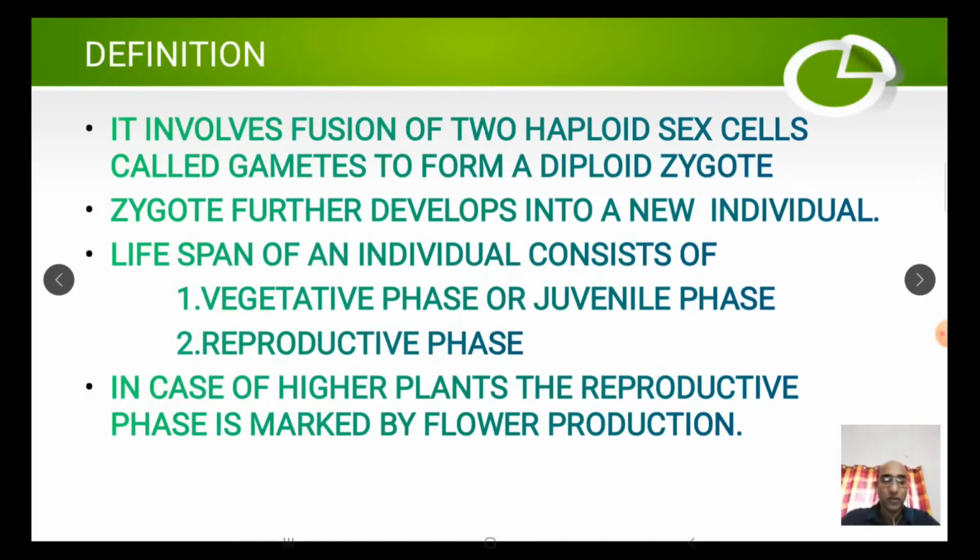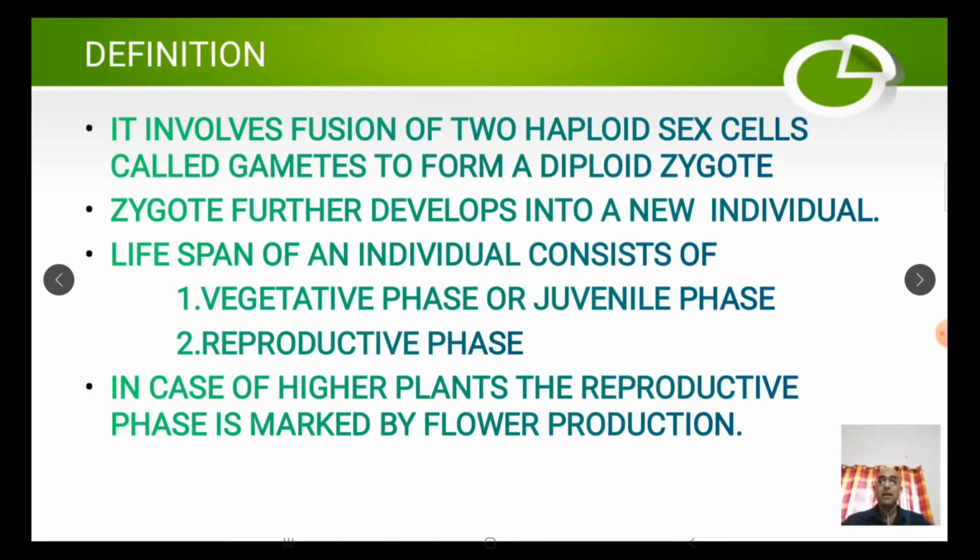So what is the juvenile phase? It is the non-reproductive phase till the attainment of maturity. During this phase only the vegetative growth of an individual occurs. Then the second phase is the reproductive phase. It marks the end of the juvenile phase.